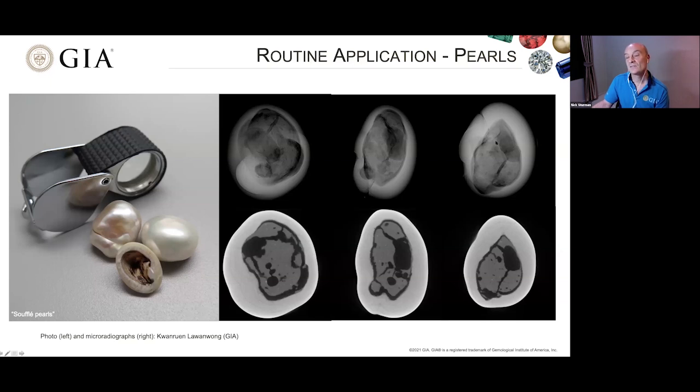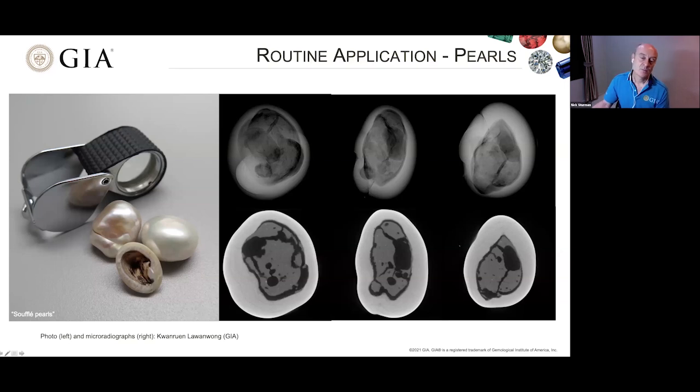So these are the radiographs, the microradiographs, and you can see that there's no drill hole, there's no feature on the surface which would look like we had an opening that could be used to fill the pearl. And when we used CT tomography, we could see the detail in greater detail. And you can see that the structure inside is very strange.